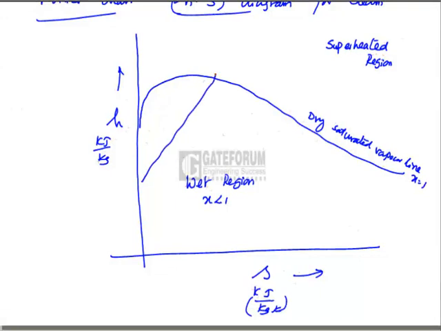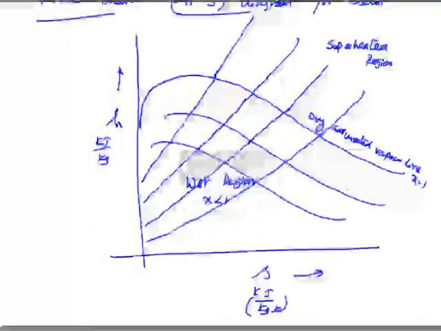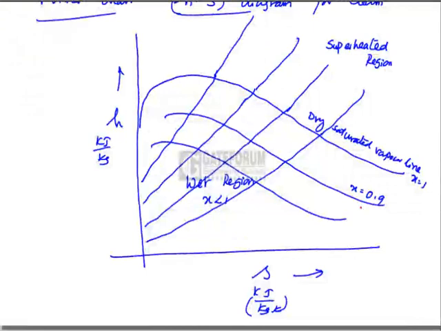It has many constant pressure lines, indicated as rightwards sloping lines. The constant pressure lines are straight lines till the dry saturated vapor line. Above that they become curves. In the wet region they are straight lines, whereas various dryness fraction lines could be seen as x is 0.9, here x is 0.8. These are all the curves given as various dryness fraction lines.